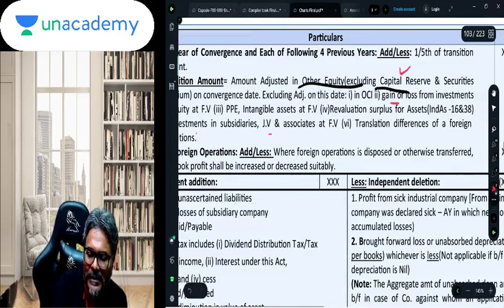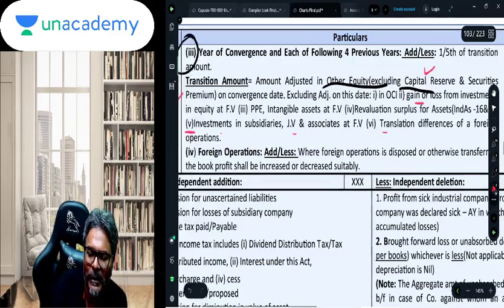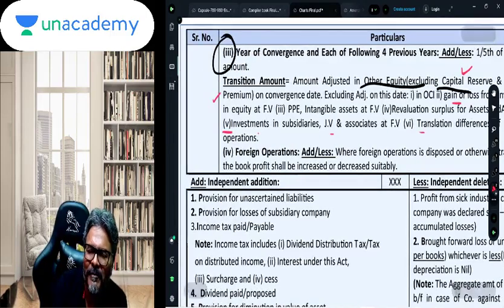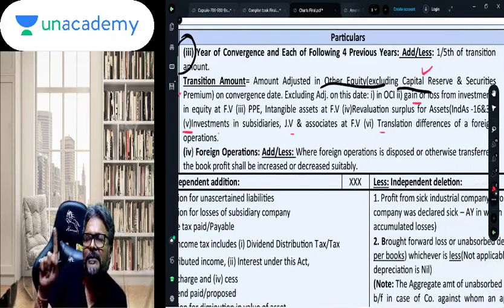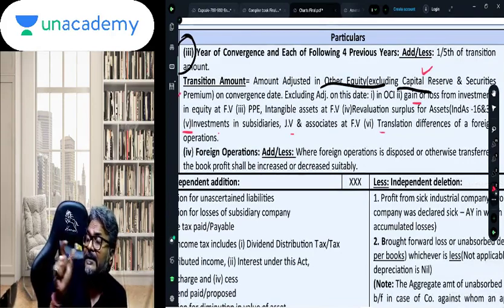And the last one is the translation difference of a foreign operation. If you have a foreign branch, any translation difference that takes place at the time of conversion will not form part of your transition amount. So this is the first relief: these big ticket size items will not be captured in the transition amount.